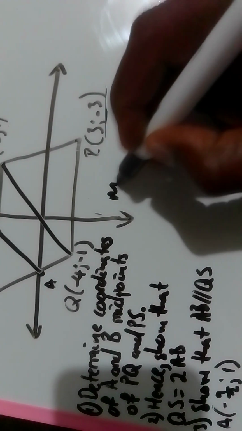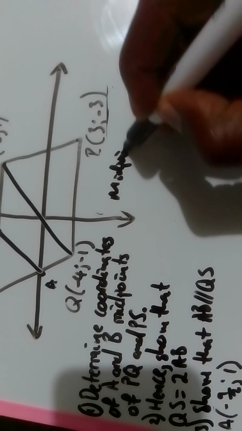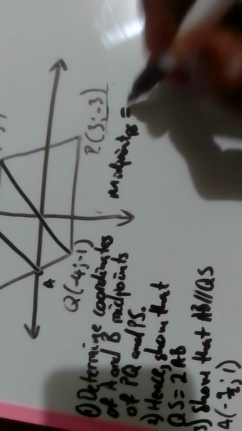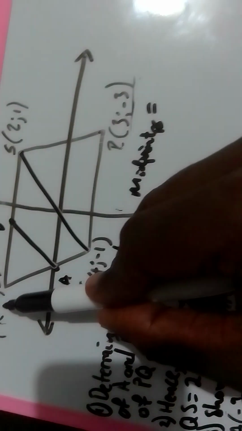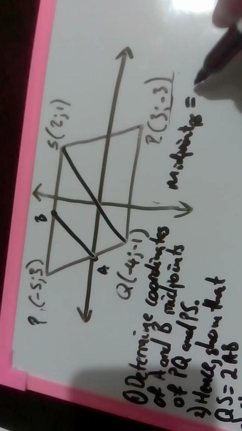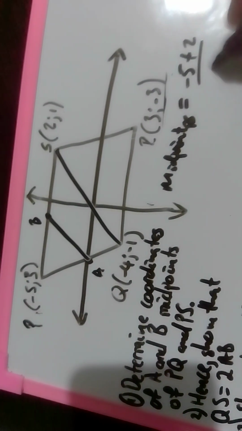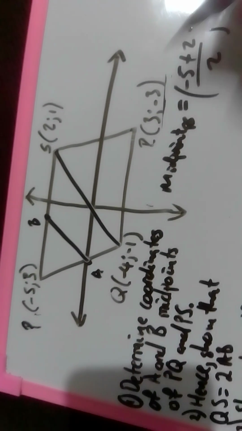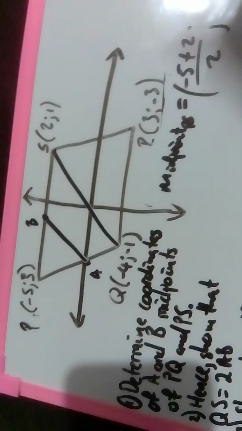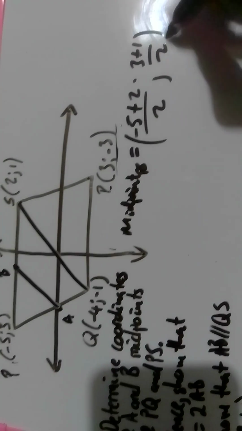Midpoint PS is equal to, my x on point P is -5, plus my x here on point S is 2, over 2, and then the y is 3 plus 1, all over 2.